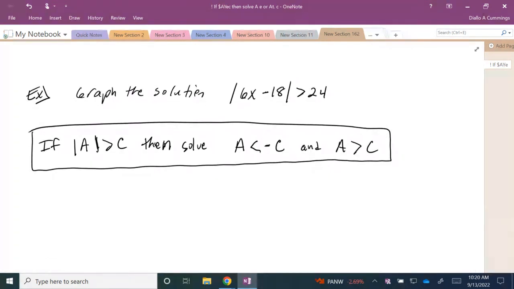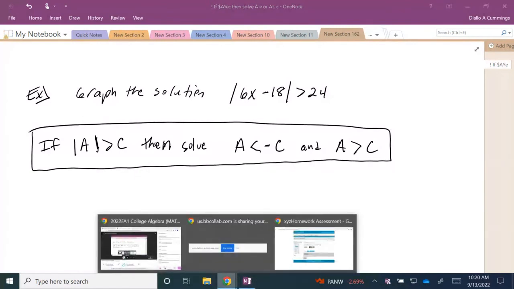So I'll give you a few minutes to attempt this problem, and then we'll be back with the solution.